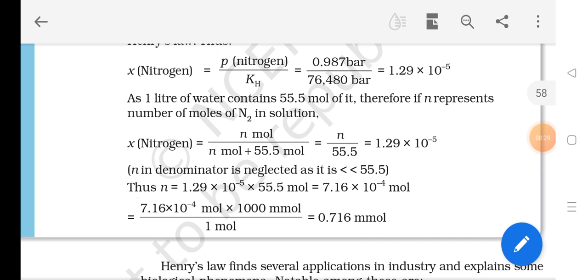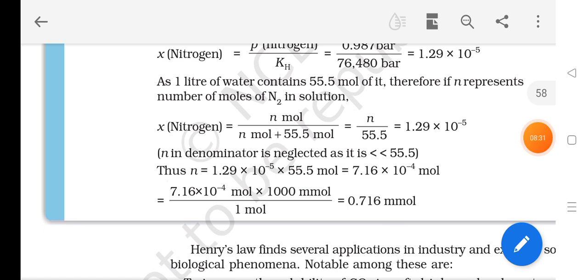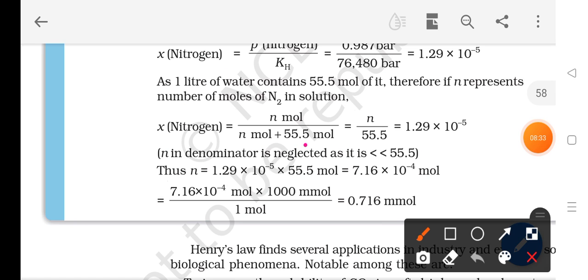You know that 55.5 is the mole of 1 liter of water, and we have to calculate the mole of nitrogen. Since the value of this is far greater than the value of n, we should ignore it.